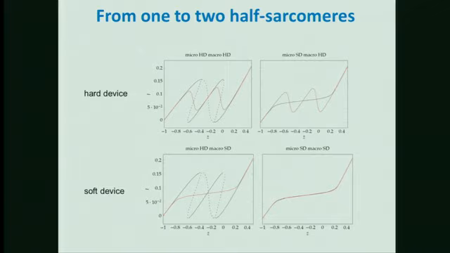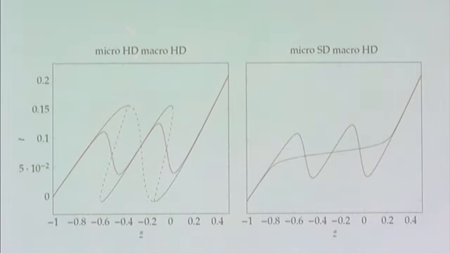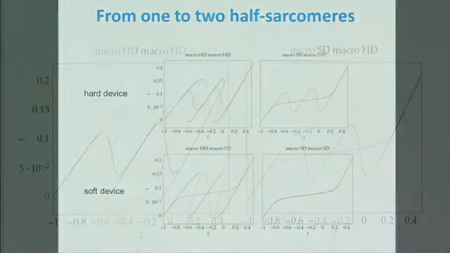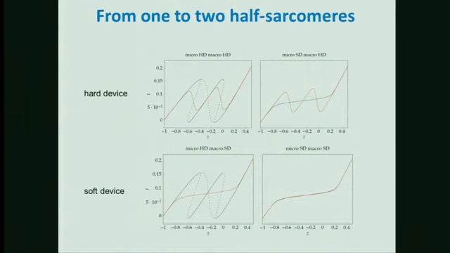So here, the black curves would be what we get if we take the microscale hard device behavior and try to extrapolate it from one to two elements. And here, if we take the soft device, again, at small scales, hard device and soft device are different. So you can get all kinds of behaviors here, which are not necessarily the one that the real system shows, and this is a manifestation of the non-affine structure of the real deformation, even in homogeneous loading.